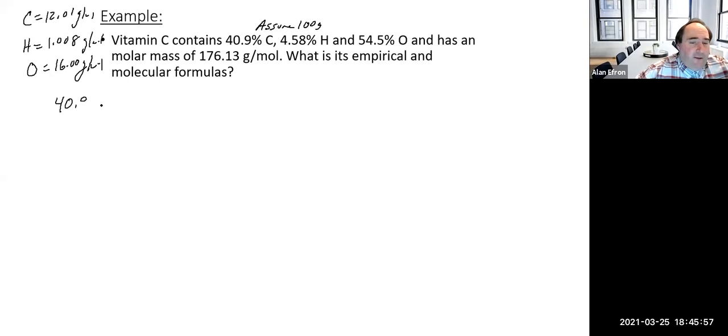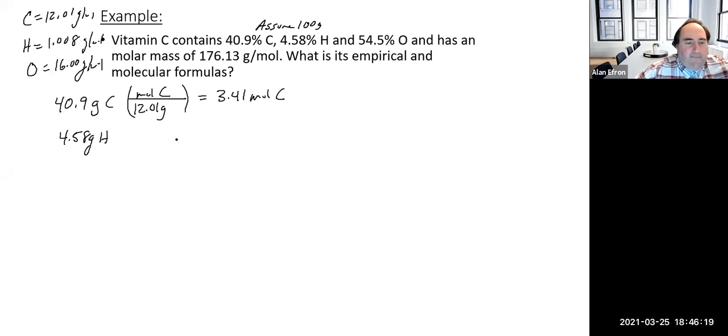So that would be 40.9 grams of carbon. We obviously want to convert everybody into moles. So from the periodic table, 12.01 grams per mole. Looks like it gets us 3.41 moles of carbon. That would also give us 4.58 grams of hydrogen divided by 1.008 grams per mole of hydrogen.